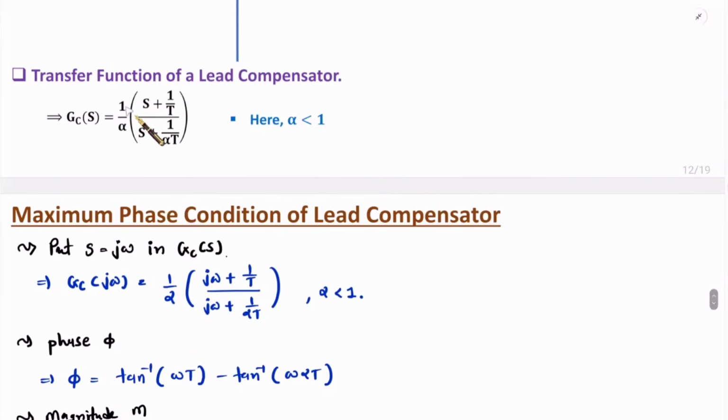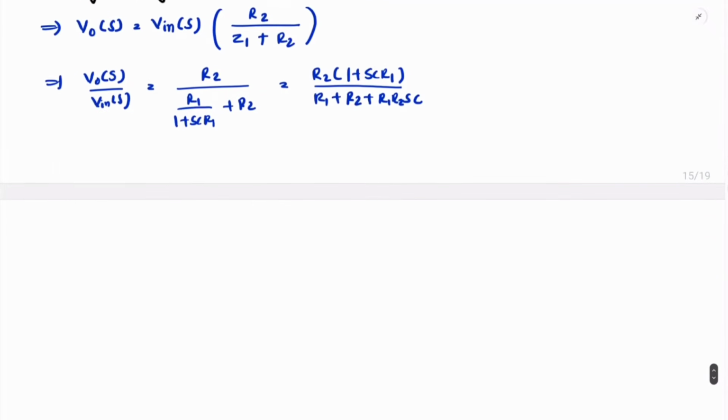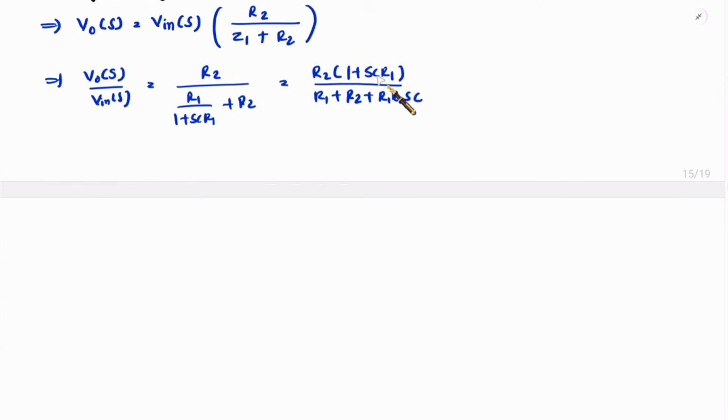I will try to represent the transfer function in this form. So here I will take CR1 from the numerator. So V naught of S divided by V in of S equals CR1 R2 in the numerator, and here we will have S plus 1 by CR1.